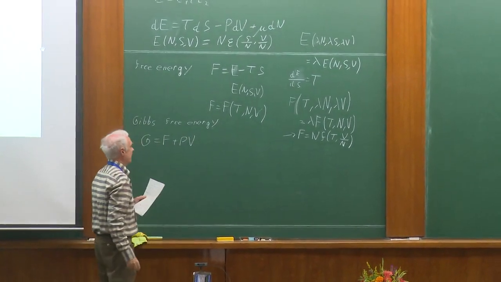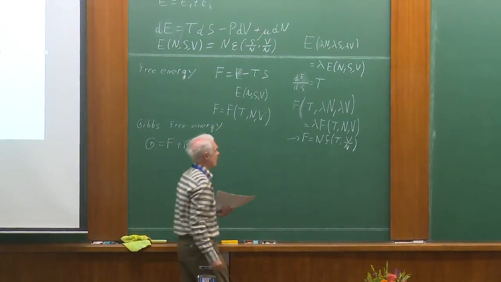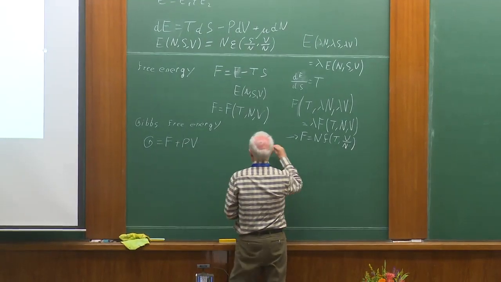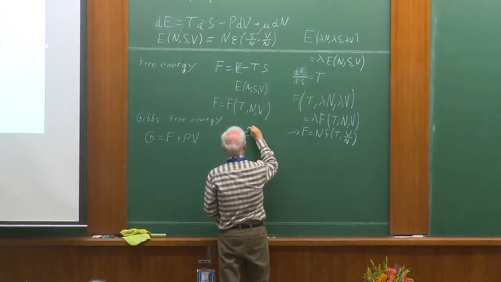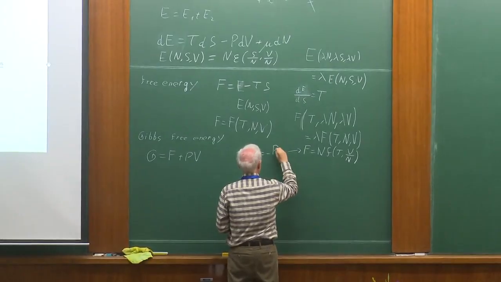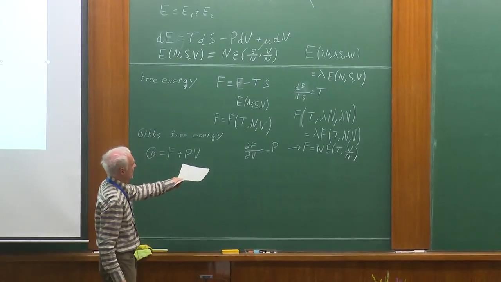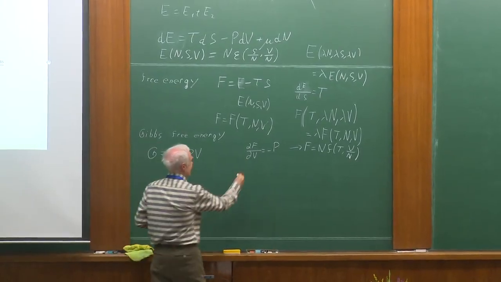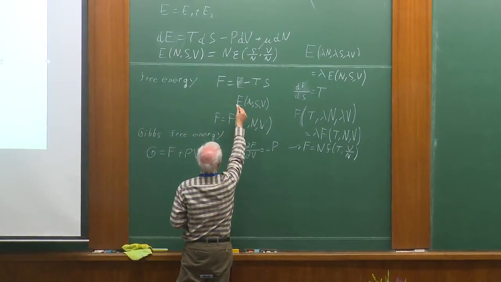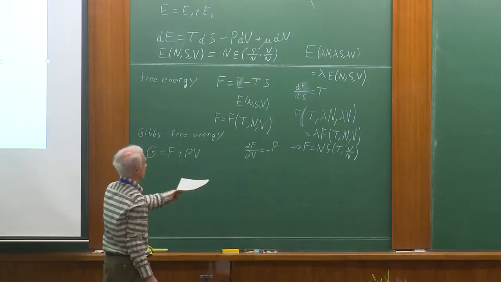So this is another kind of Legendre transform, because F inherits, let's say, this property from the energy. You can do it by exercise.